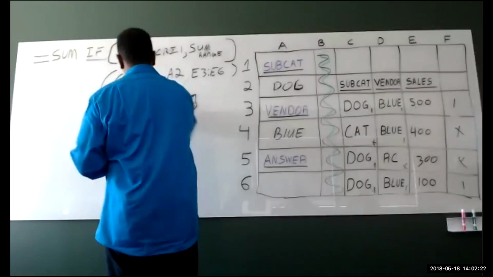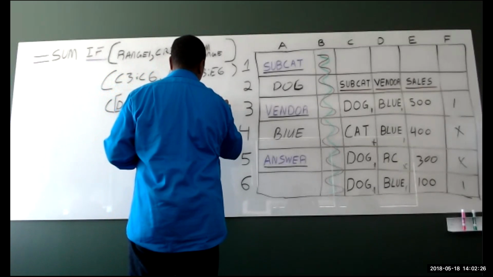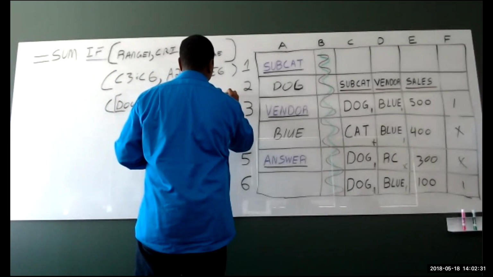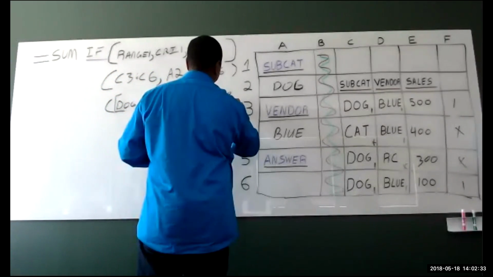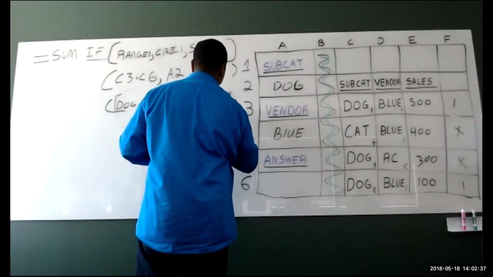This is the way Excel reads it. It asks me for dog, and then it sees, I'm running out of space, so I'm going to write on top of each other, 400, 300, and 100.